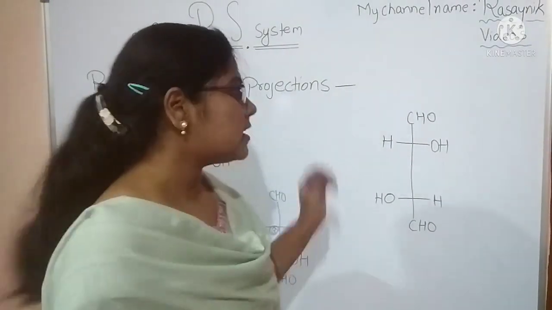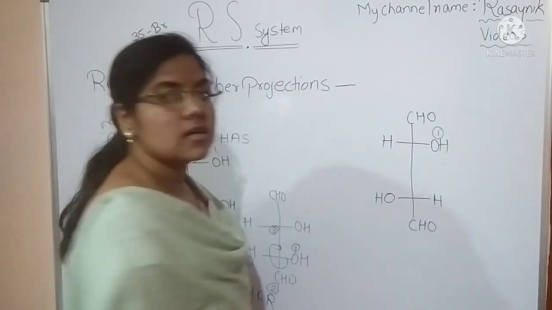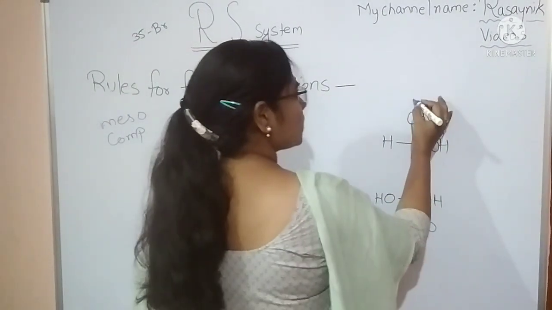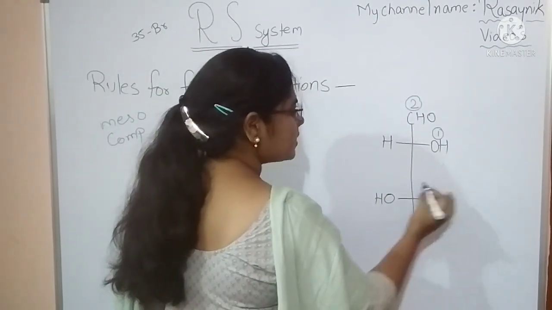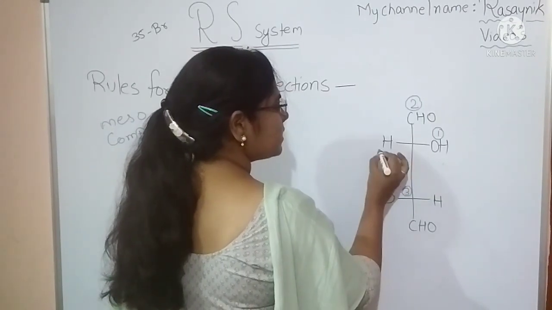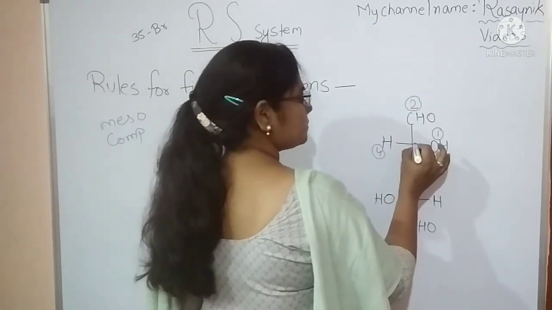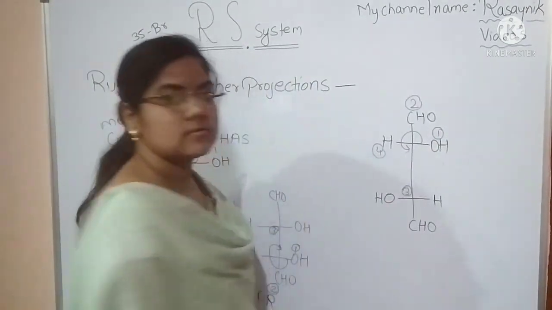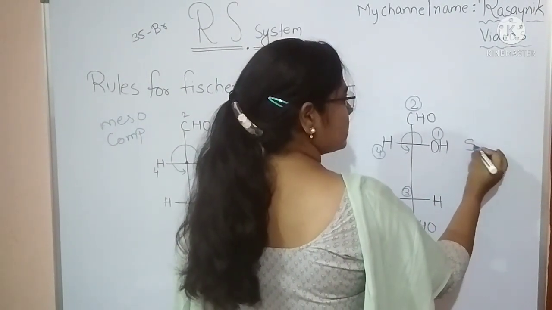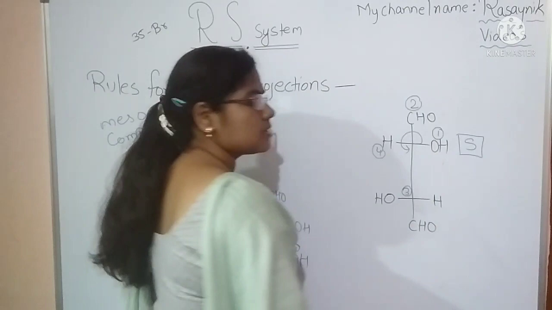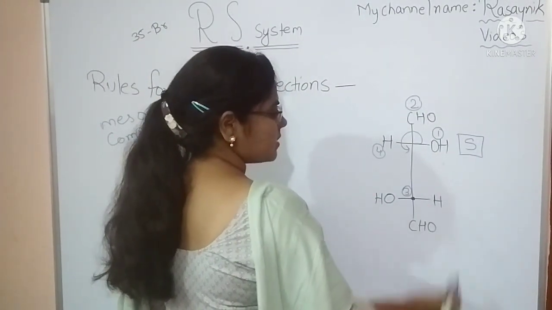Now the second example is CHO, H, OH. Here also the first priority group is the oxygen, OH. Second priority group CHO, the whole molecule is third priority group, and the least priority group is hydrogen. Then how will it rotate? Like this. Which direction is this? Anti-clockwise direction. In anti-clockwise direction, S configuration is present. Here carbon is present.